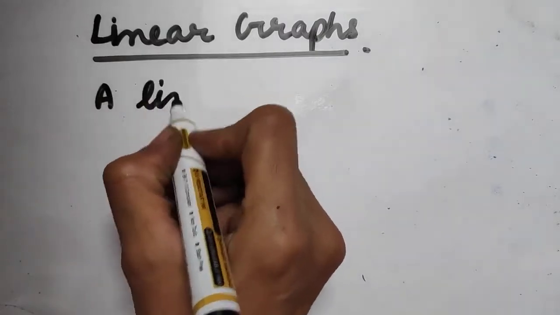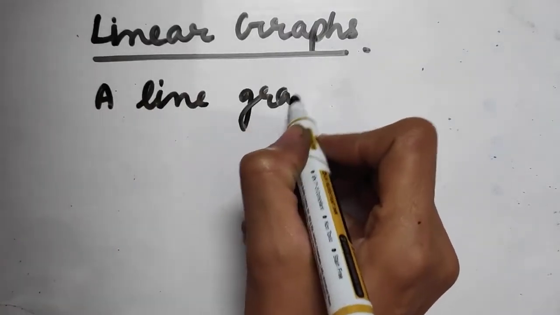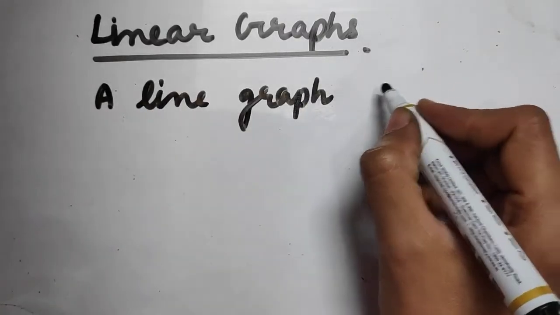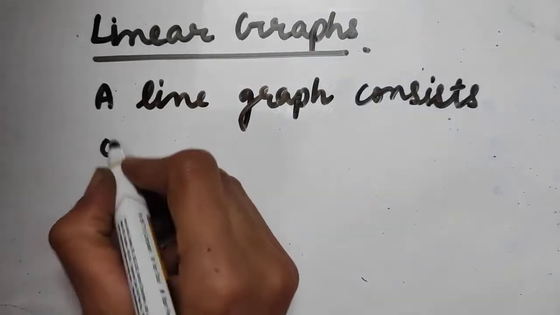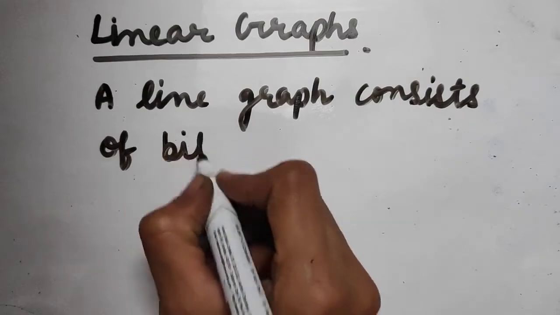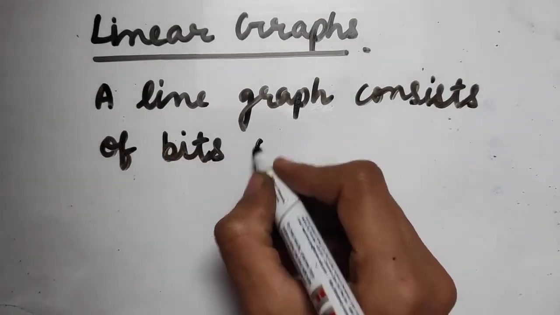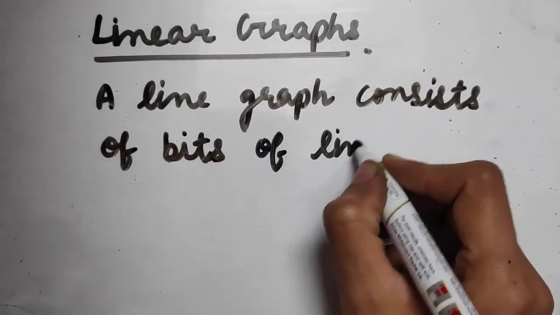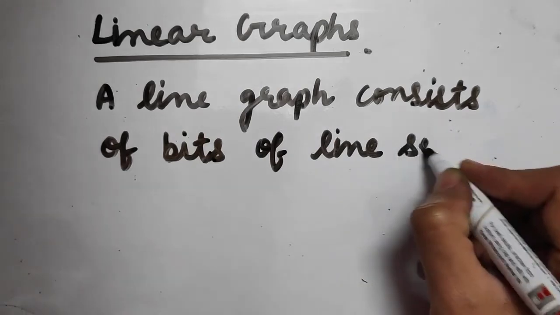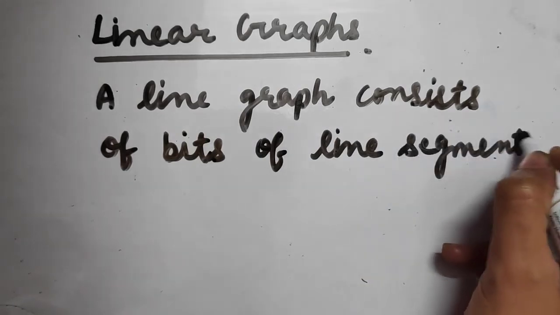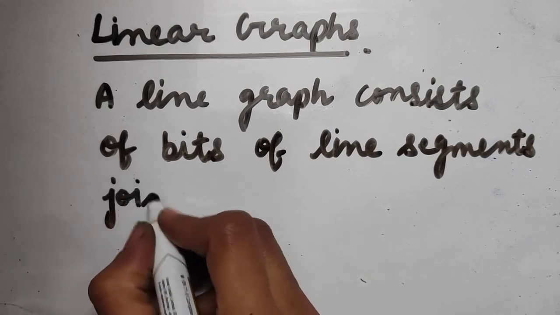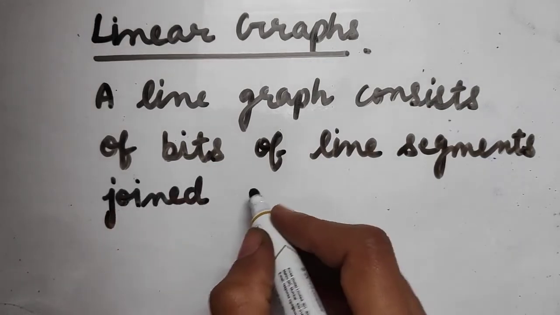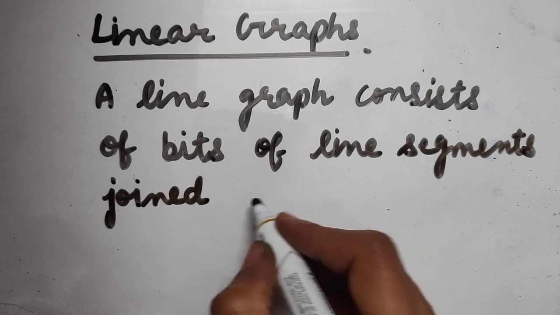A line graph consists of bits of line segments joined consequently.